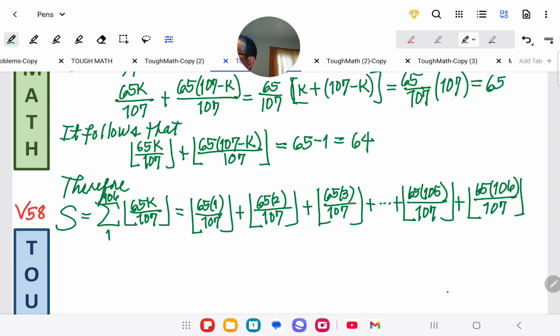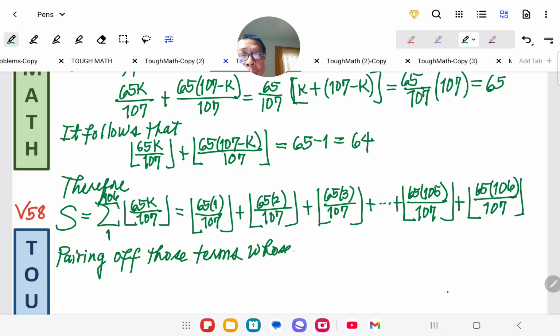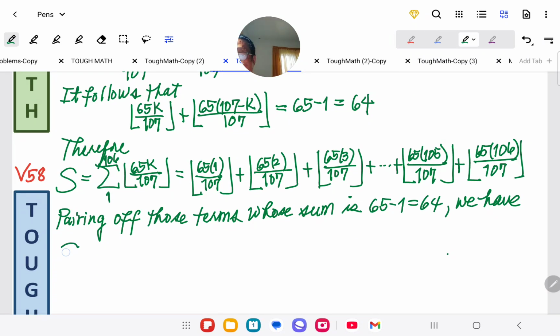Okay. And then pairing those terms whose sum is 65 minus 1, which is equal to 64, we have S equals the greatest integer value of 65 times 1 over 107 plus 65 times 106 over 107.